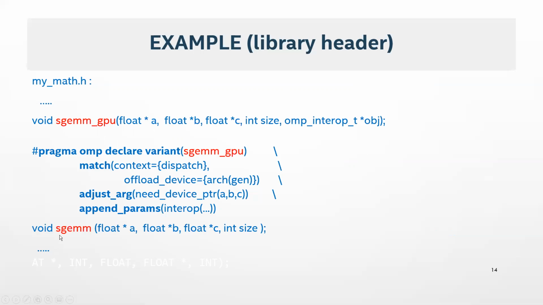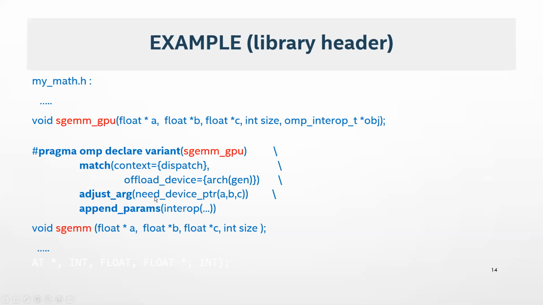I want to replace all the calls of SGEMM with the SGEMM GPU, and I want to do it selectively. I don't want to replace every call, but only when the function is under a dispatch construct and your offload device is gen.